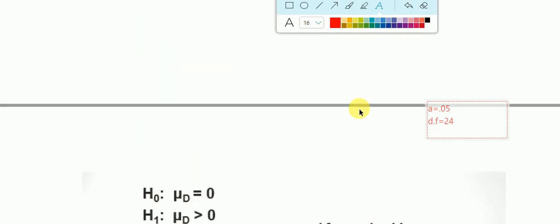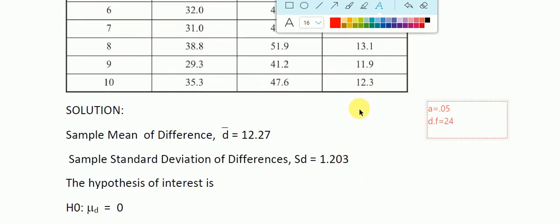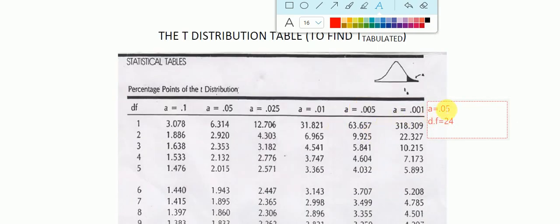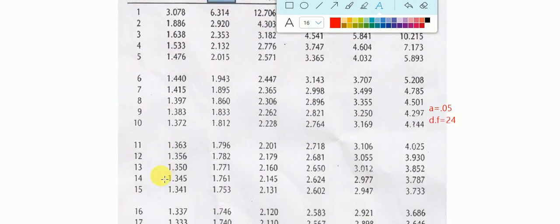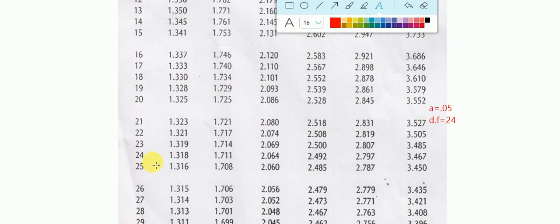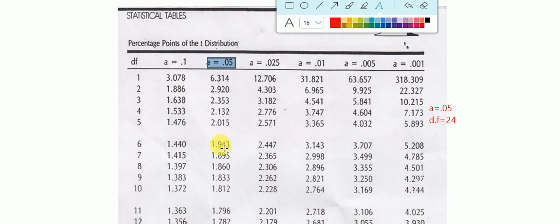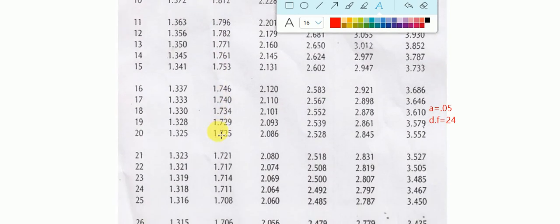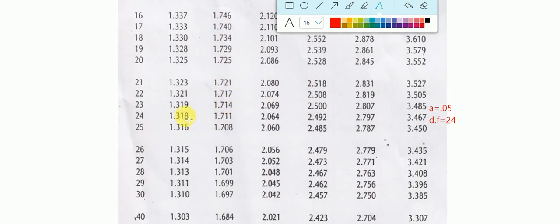We are going to find out the value of T tabulated using the T table. Over here, the value of alpha is 0.05, and degrees of freedom is 24. So 0.05 is the second column, and 24 is over here.